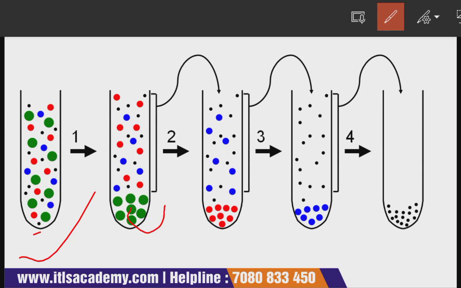They are of medium size, so they settle second. Then the blue ones are shorter than the red ones but bigger than the black particles, so they settle before the black ones. And at last, because of its size and density, the black one settles down at the bottom later.